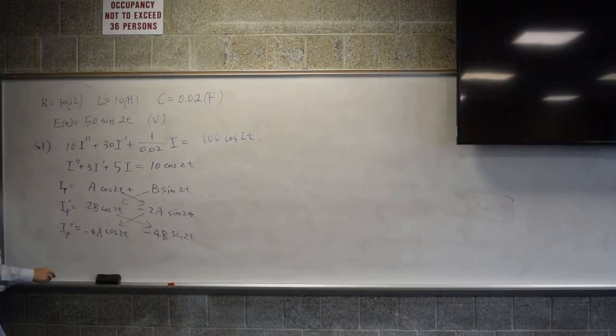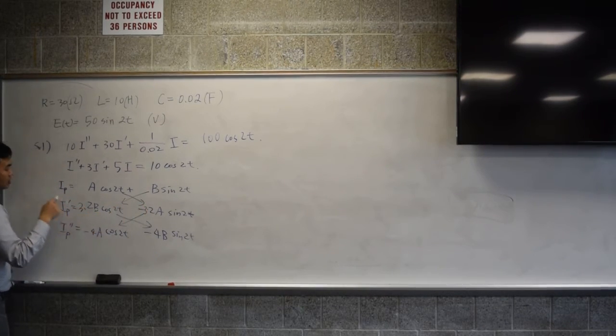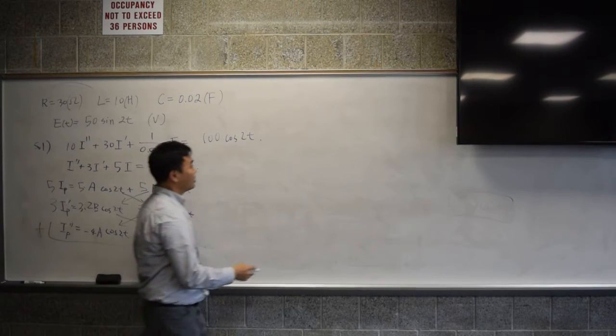Okay. All right, so I have 1, 3, so I have to multiply by 3. And for this, I have to multiply by 5. And then I add them up. Let's see what we get.